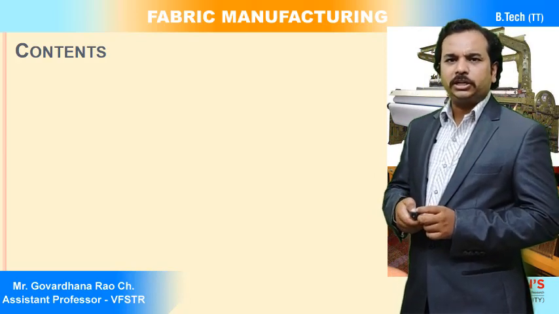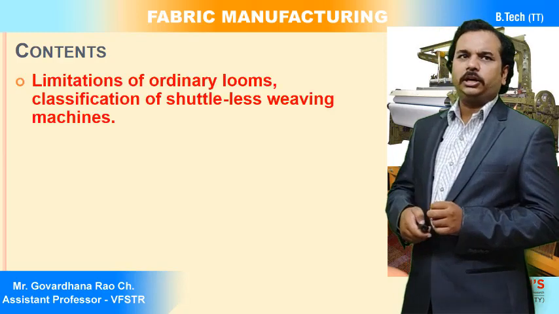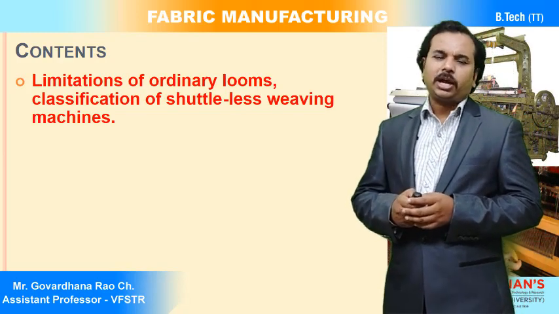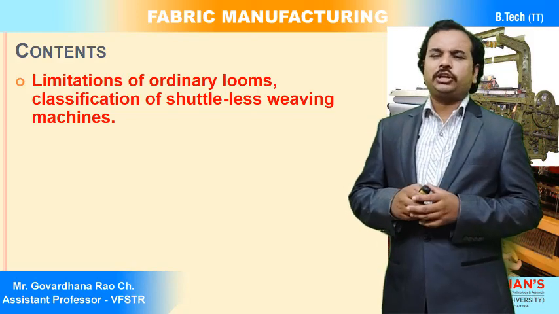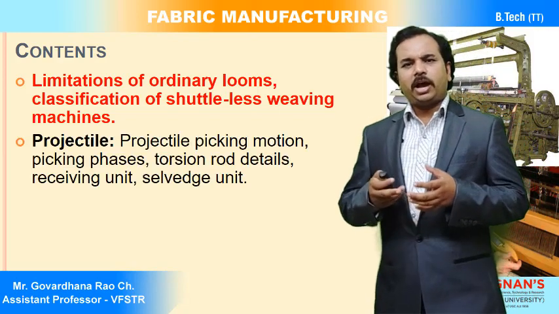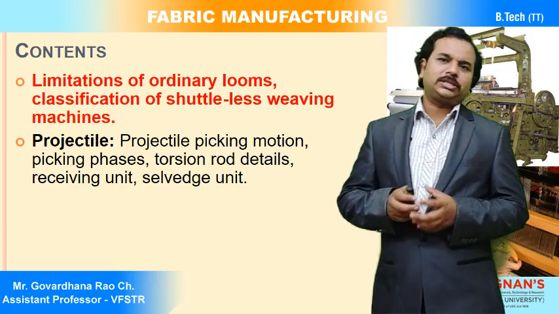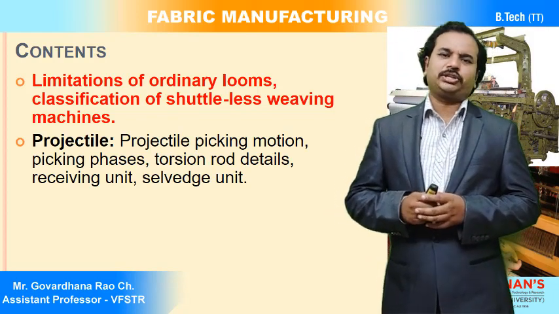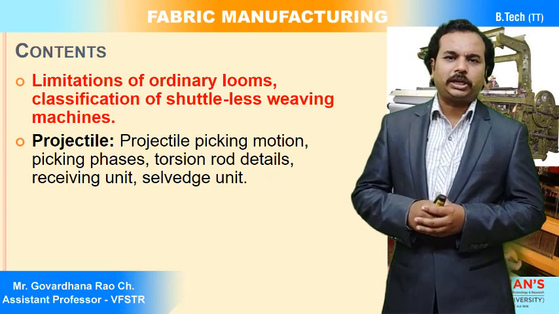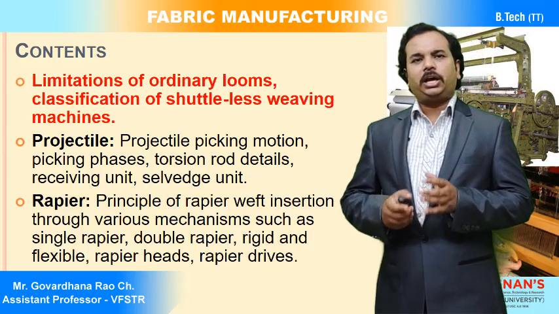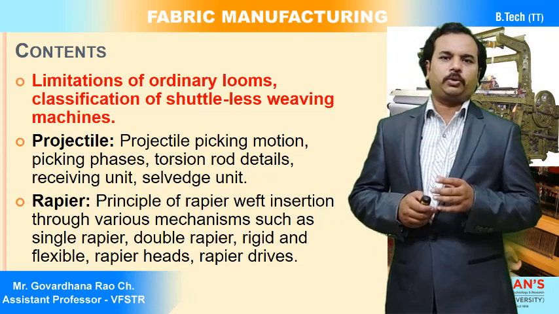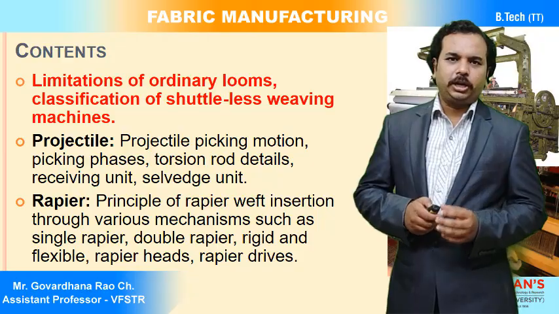There are the limitations of ordinary loom and the classification of shuttleless looms or shuttleless weaving machines, and in this unit we are going to discuss the projectile weaving technology and the rapier weaving technology. These two machines we are going to discuss in this unit.